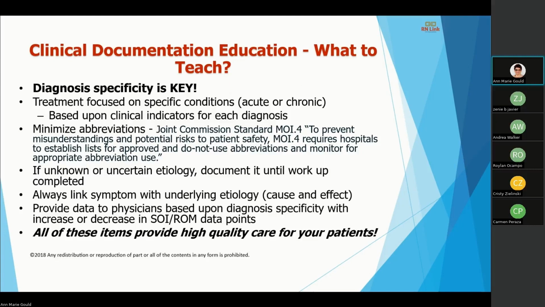Now, do you think a lot of hospitals have approved abbreviation lists or not approved abbreviation lists? What do you think? No, I don't think so either. If you do have a facility where they have it available, good for you. That's great. Most hospitals don't.